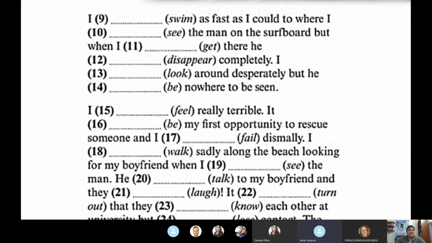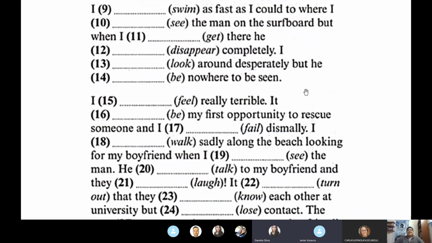I looked around desperately, but he wasn't seen.